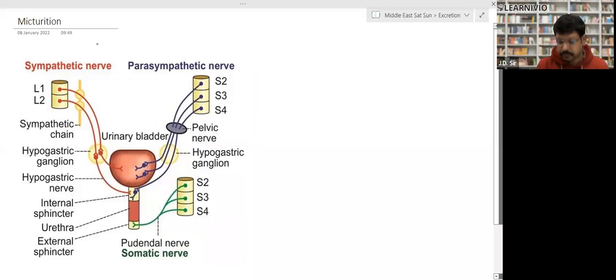Look. This is the sympathetic nervous system. This is parasympathetic. Both belong to the autonomic nervous system, which means this is an automatic system.